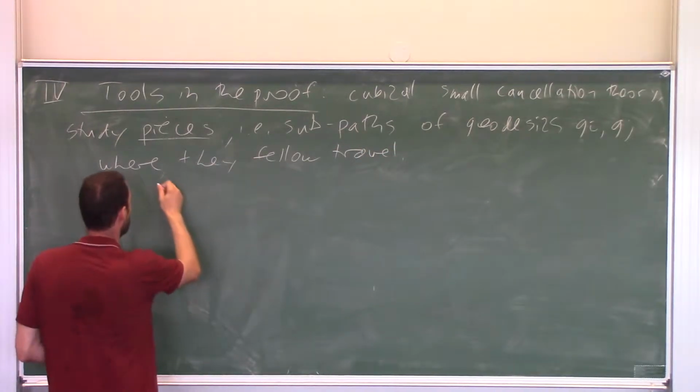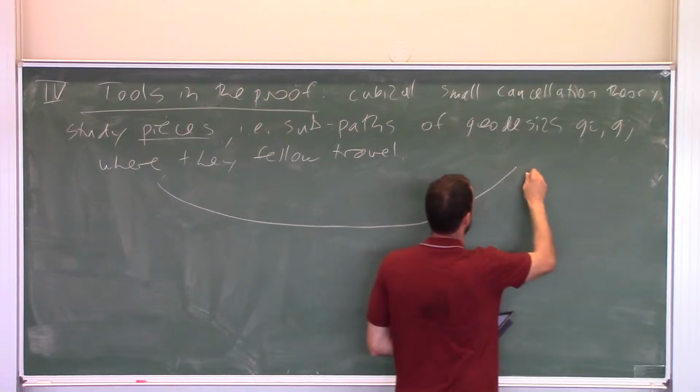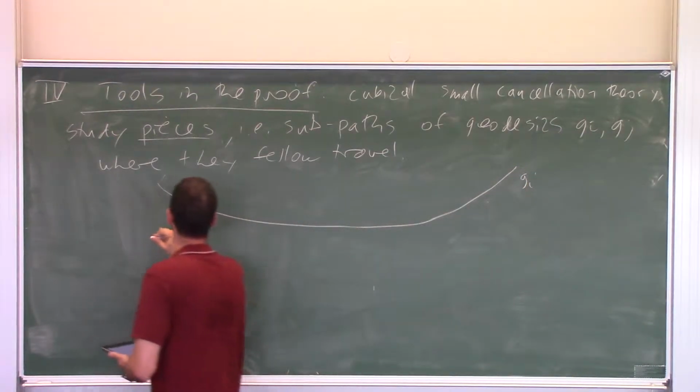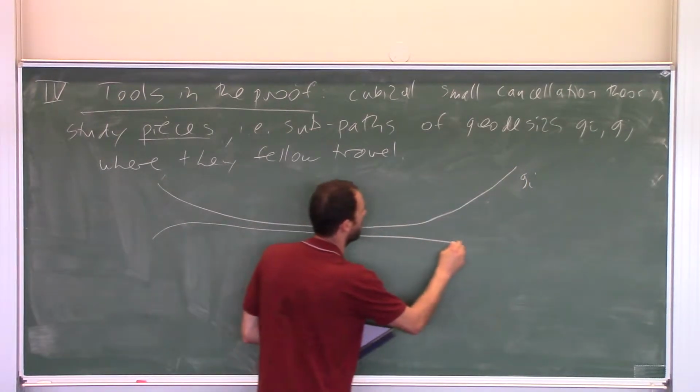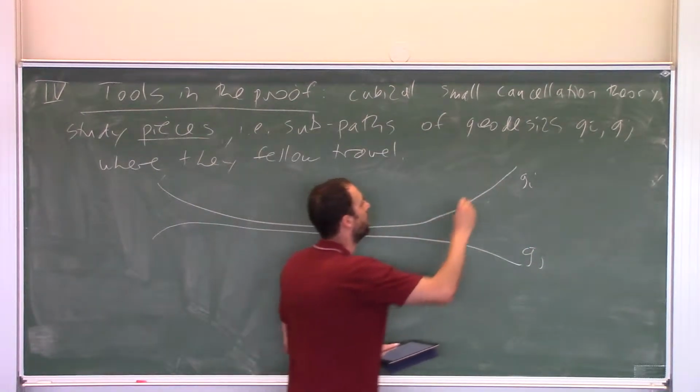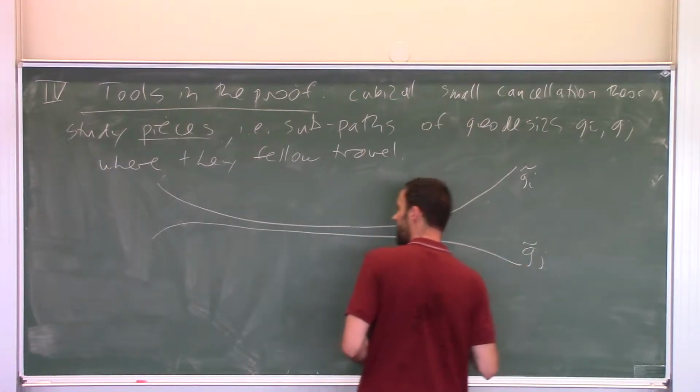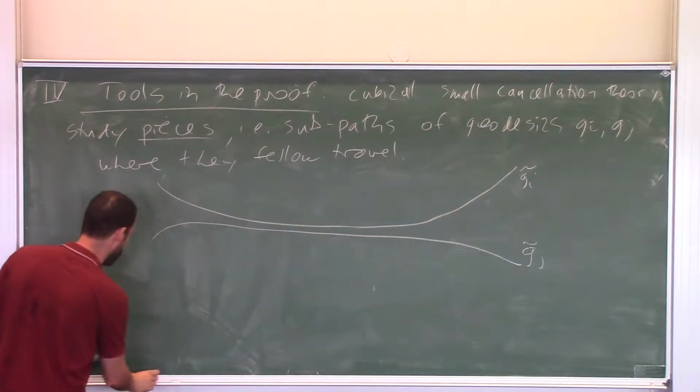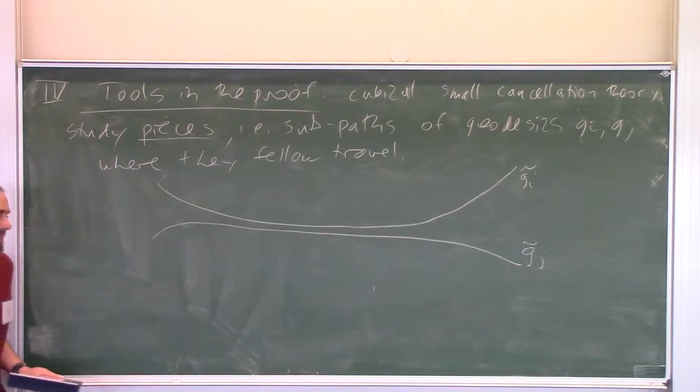So here's my geodesic Gi, and Gj, lifted to the cubical cover, and they fellow travel for some large distance.